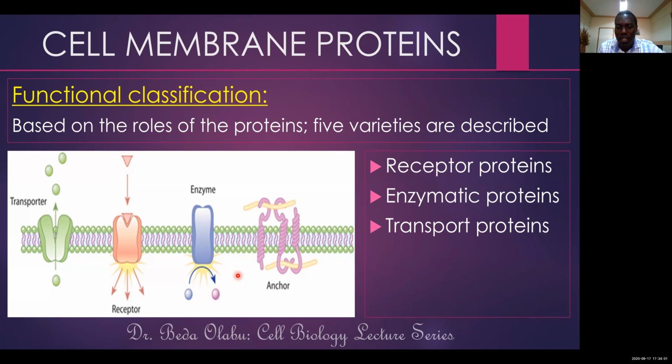Some of these proteins are transport proteins. And there are two categories of transport protein. When we say transport protein, it means that they facilitate movement of substances across the cell membrane. There are two categories of transport proteins. There are those transport proteins which we will classify as being ion channels.